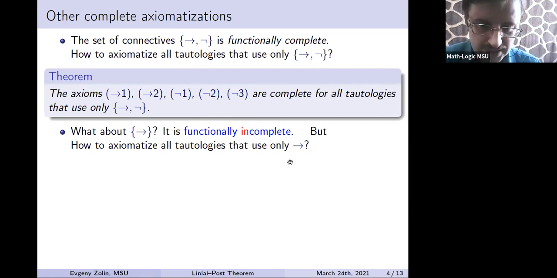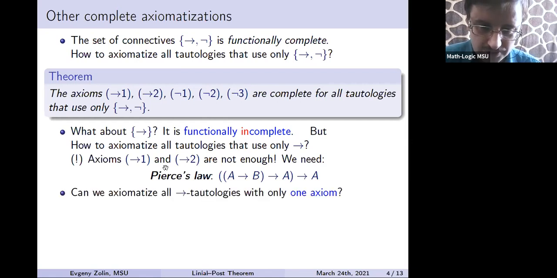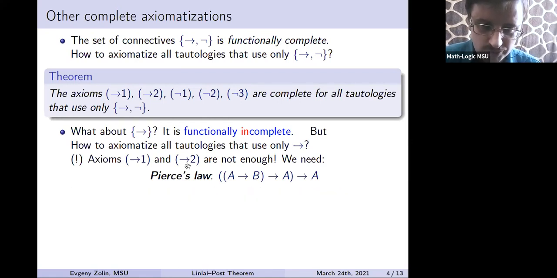And surprisingly, the axioms for implication in our calculus from the first slide are not enough. We need also an additional tautology, Peirce's law. And then we can prove that a formula is provable from these 3 axioms or axiom schemata using modus ponens if and only if it is a tautology, for any formula that uses only the implication symbol.